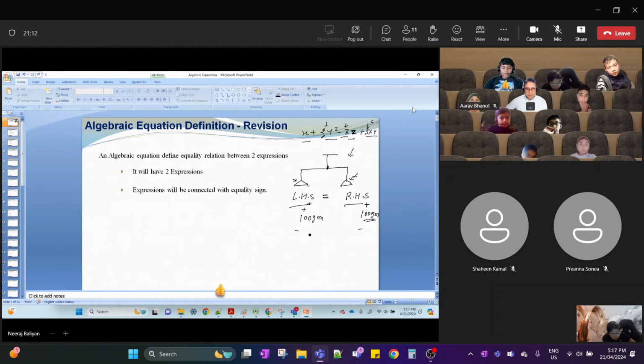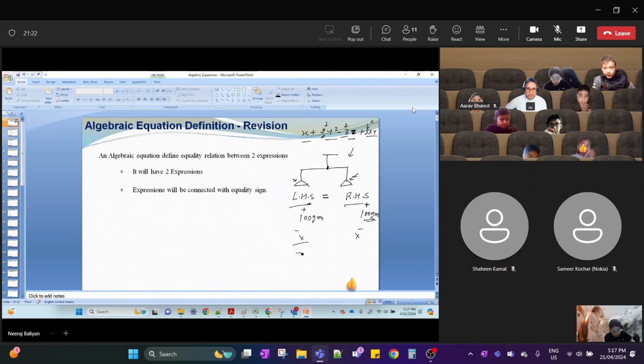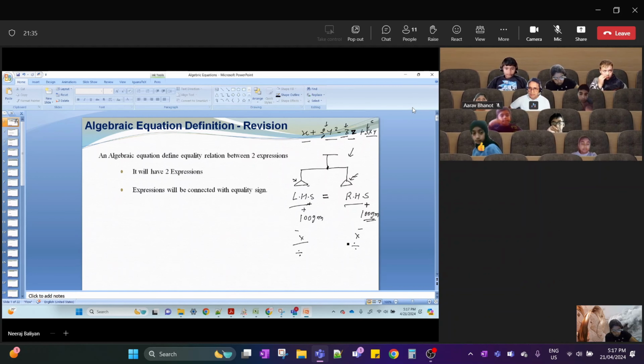Now, in terms of algebra, if we multiply a number on the left hand side, in order to keep the right hand side in balance, we have to multiply the same number on the right hand side. And if we are dividing the left hand side by a number, we have to divide the right hand side also by the same number. Any doubt so far? All good. Thank you.